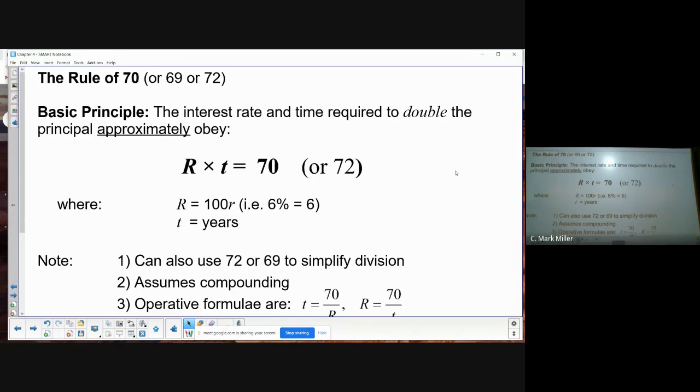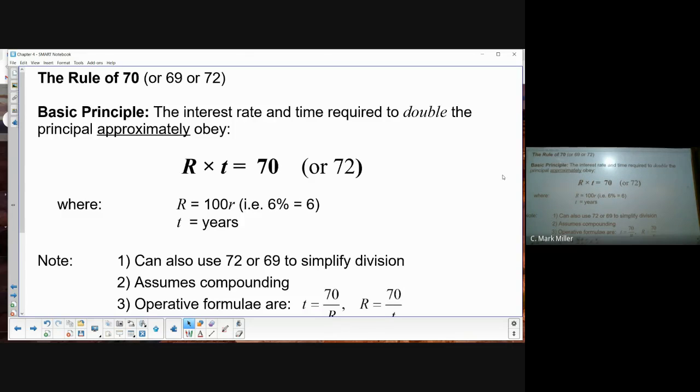This is a little thing that's actually not in the book, I don't think. It's a tool that makes certain calculations a lot easier. My wife and I use it in our own finances, quite a bit, actually. It's approximate, but it's pretty good.